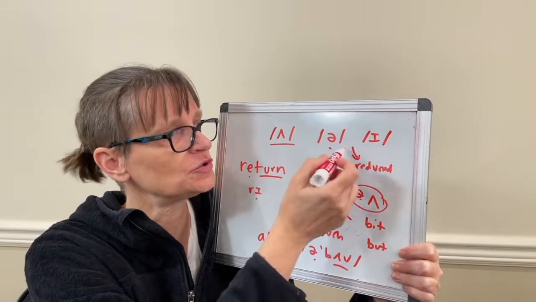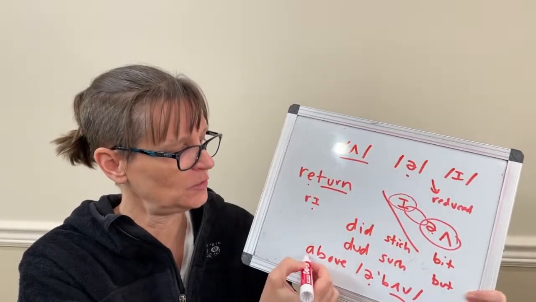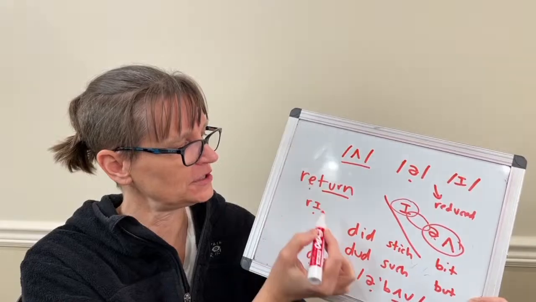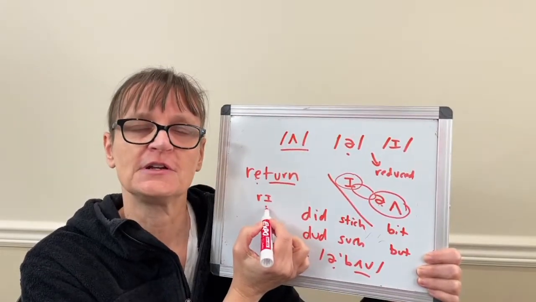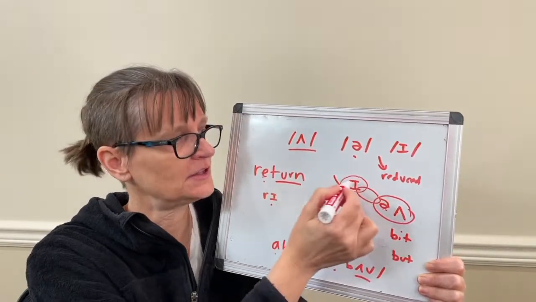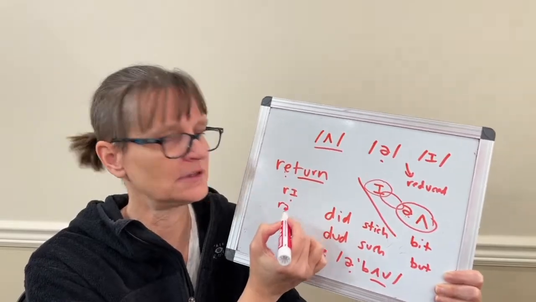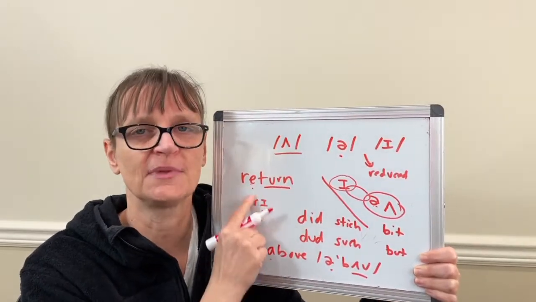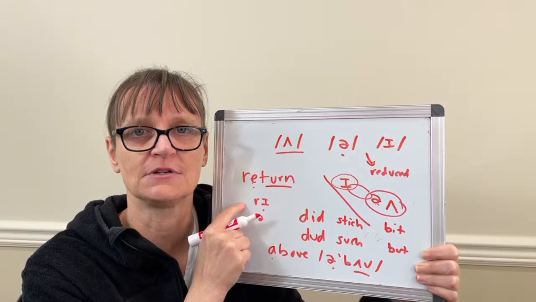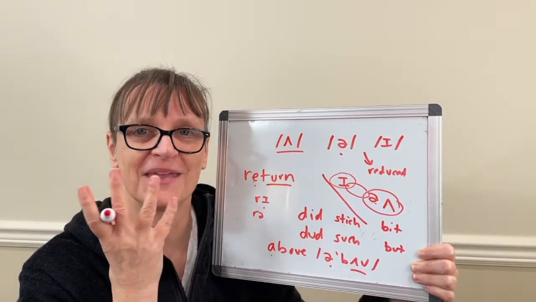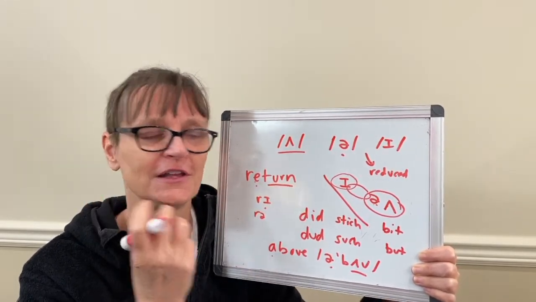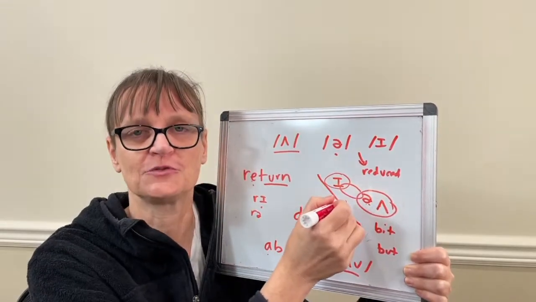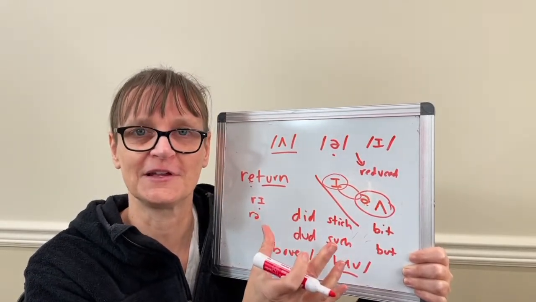So these short, reduced vowels in a word like above or in return, technically in the dictionary, return, it's going to be the unstressed I. If I said it return, you shouldn't hear a big difference between return and return, because those are reduced vowels. They're not clear, and they can fall somewhere in this range. So there is a lot of similarity there.